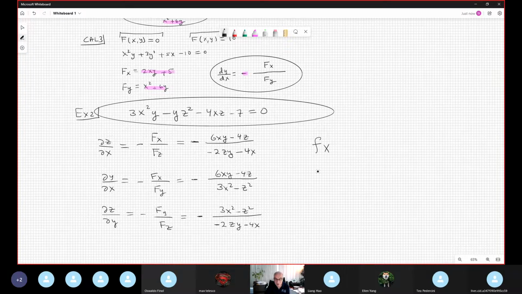In this case, you know the difference between capital F and lowercase f. This is implicit, this is explicit. Focusing on the notation, this is equivalent to the partial derivative of f with respect to x. This is the Newton notation, and this is the Leibniz notation.